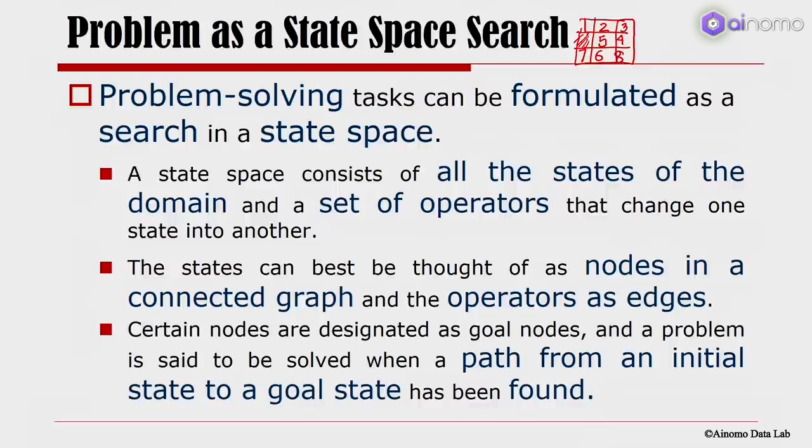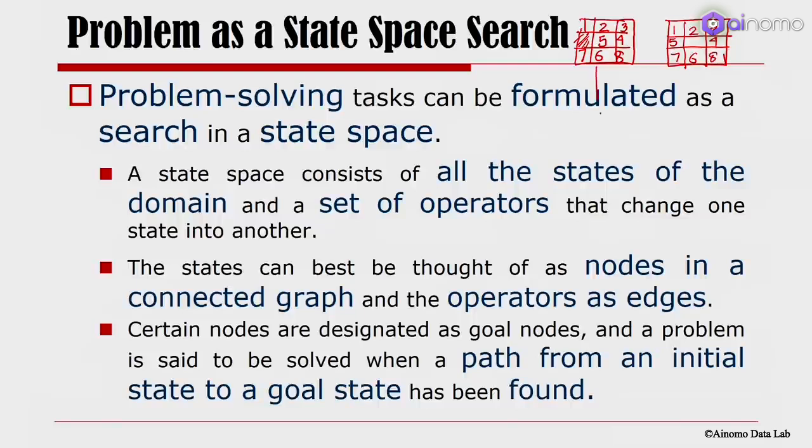So basically, when I am talking of the 8 puzzle itself, I can have such configurations, and such configurations can change from one to another by a set of operators, which happens because of movement of the empty tile. Like here, I could take the empty one to the right, so 5 comes here, and I have 1, 2, 3, 5, 4, 7, 6, 8.